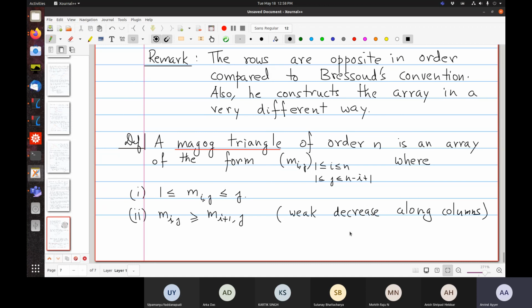And the last is M_ij is less than or equal to M_i(j+1), which is weak increase along rows.